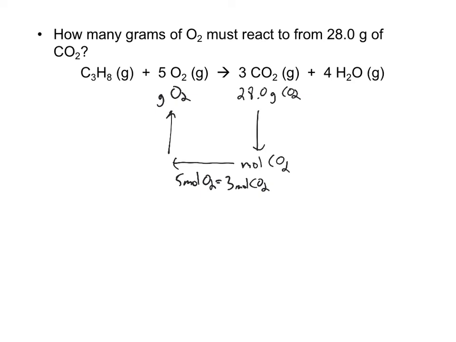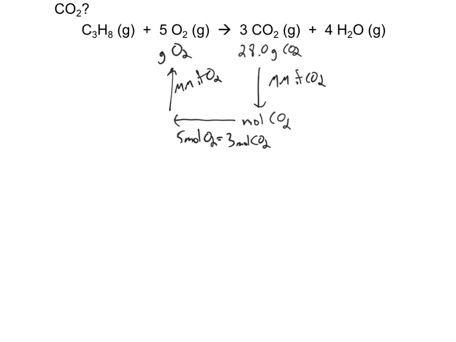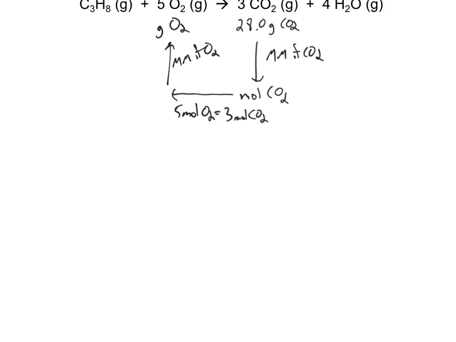And so again, I'm dealing with masses, so I need the molar mass of CO2, and I need the molar mass of O2. So for CO2, 12.01 plus 2 times 16 is 44.01 grams per mole.